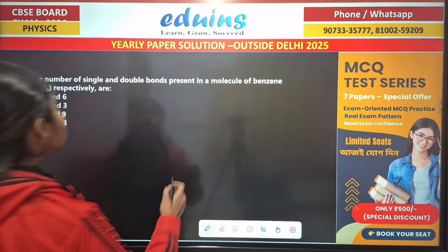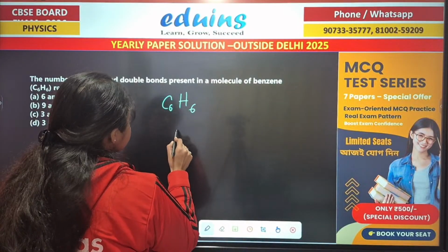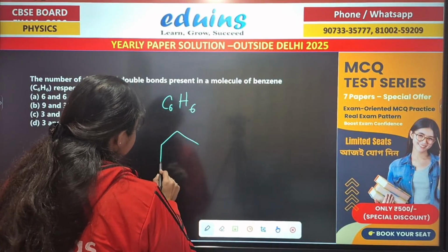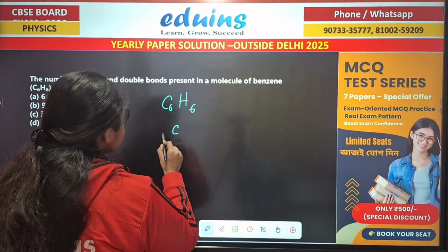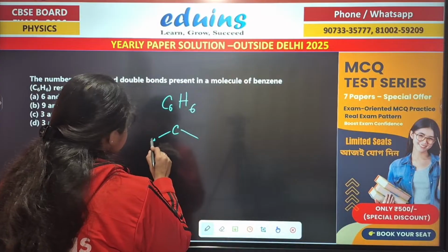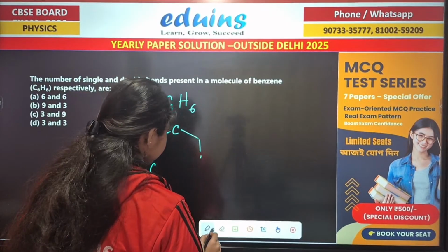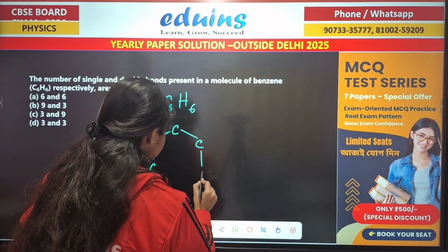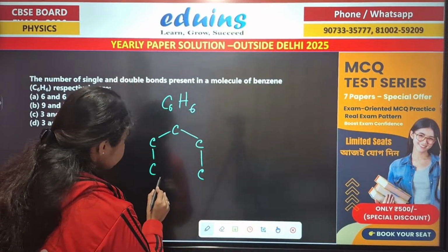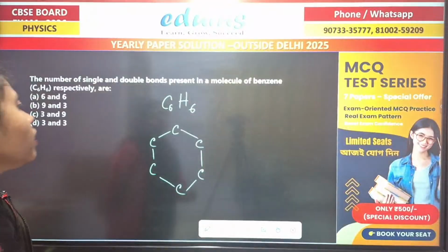So the structure of benzene is C6H6. Okay. So this is the structure, and there are 6 hydrogens.